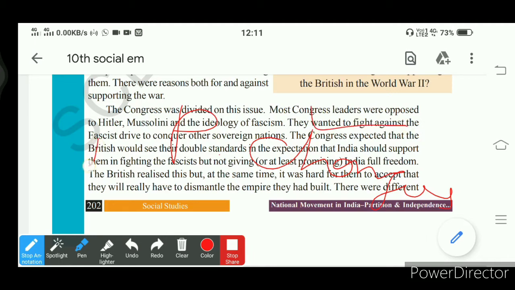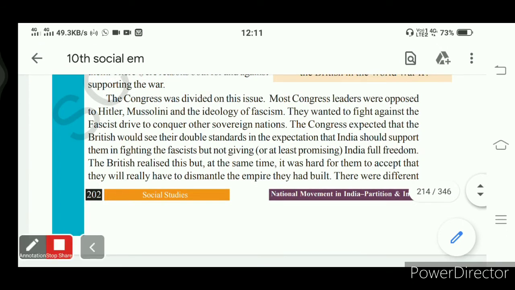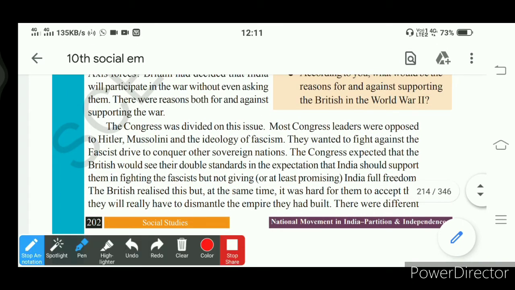Another is no-changers, who wanted to give support to the British on this issue. So anyway, we see that here the Congress was divided on this issue. Understand? Pro-changers, no-changers.